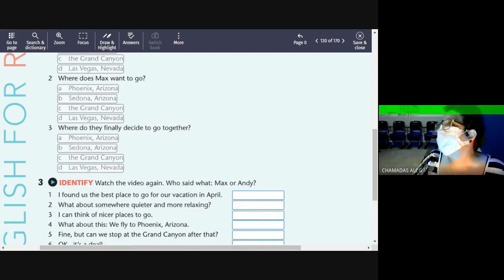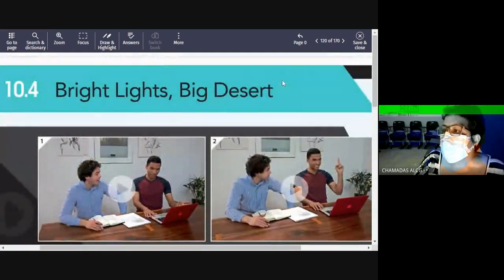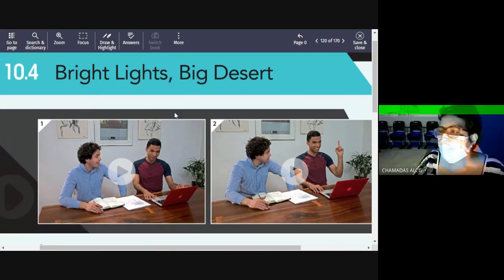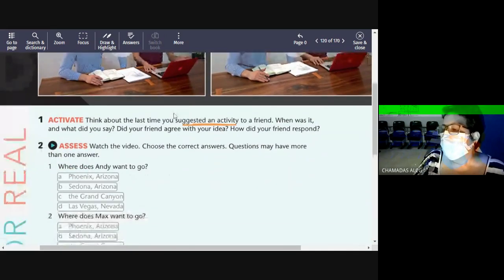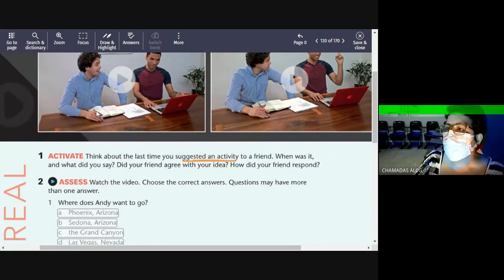So we are doing page 120, if I'm not mistaken. Yes, 120. This is unit lesson 10.4. It's the video lesson, okay? We are right in the beginning. So we are in a situation where one friend suggests something to another friend.